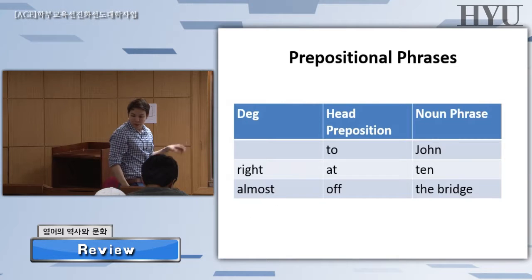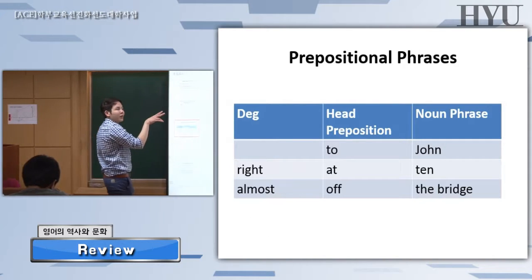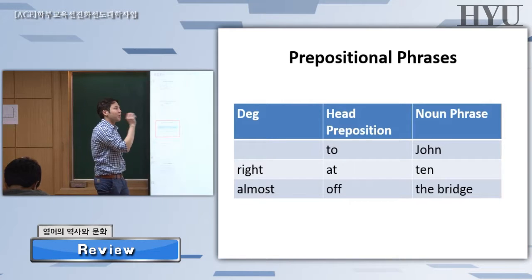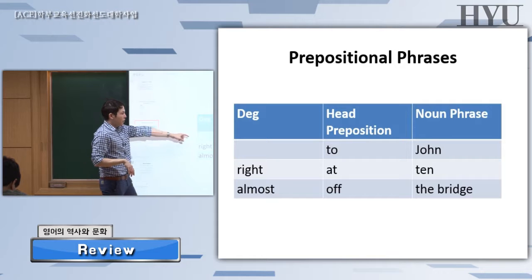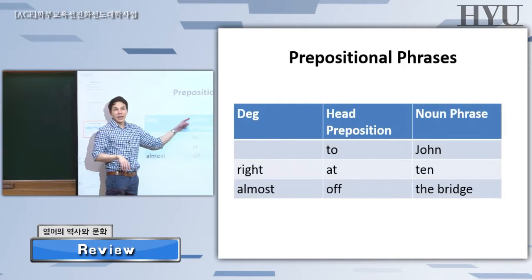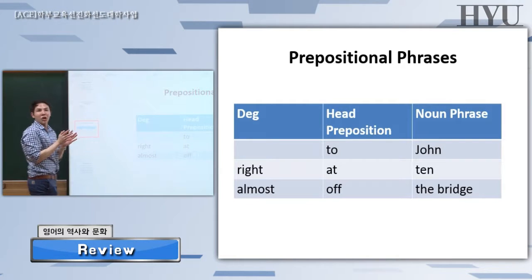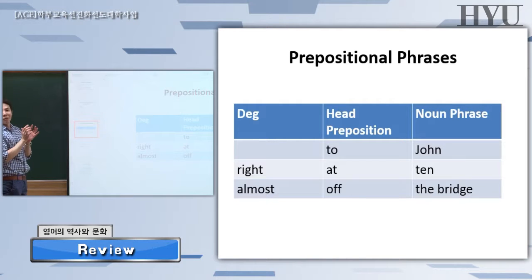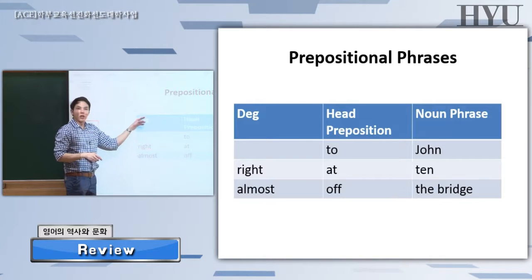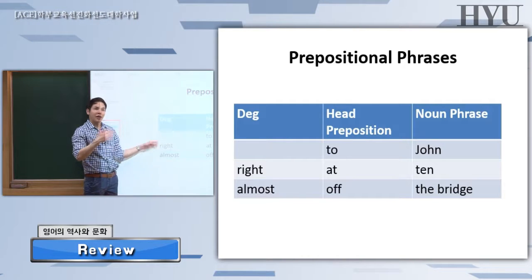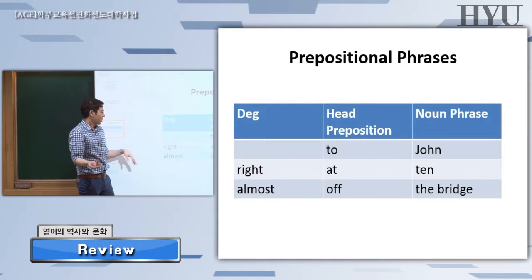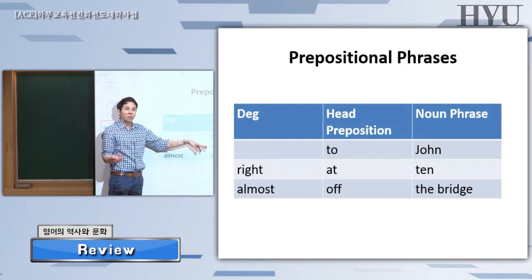So the first rule. Now the second type of phrase is what we call a prepositional phrase. Prepositional phrase consists of course, the preposition as the head, right? The head is the most important thing. So you must have a preposition like to, at, of, whatever. And you could have a degree word as well, but it's not required, right? Right at 10 p.m., for example. Almost off the bridge.